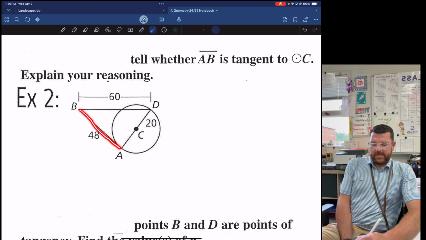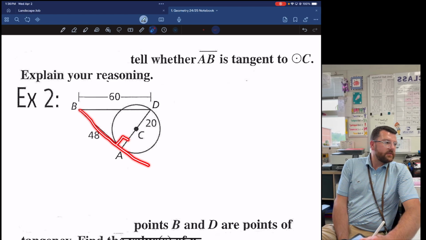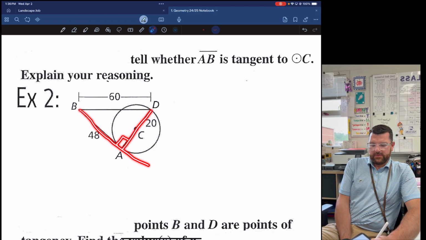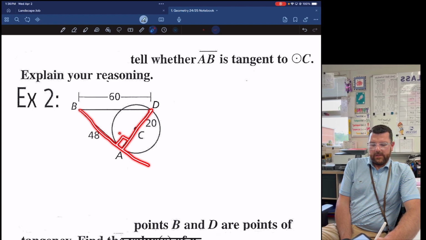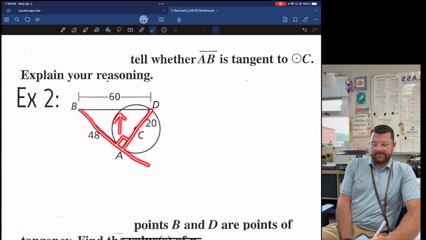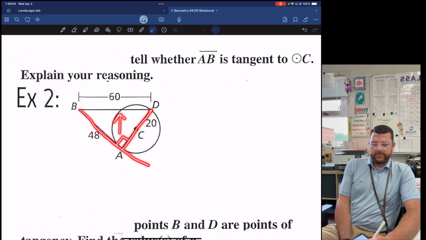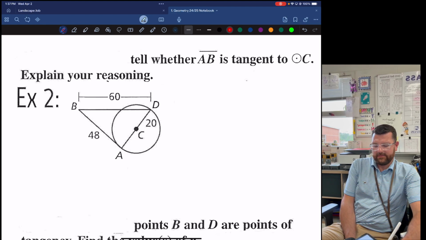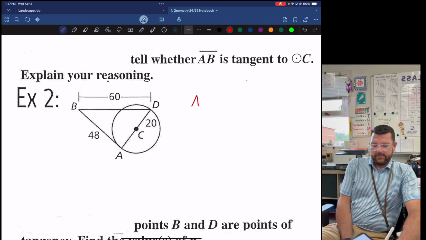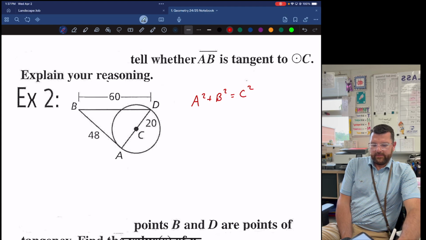But my tangent, AB, if it is a tangent, will form a right angle with the radius. And if it forms a right angle with a radius, it forms a right angle with the diameter, which means the 60 is my hypotenuse in a right triangle. What can we use to find this out? Pythagorean theorem.